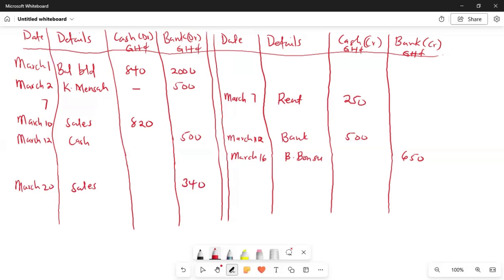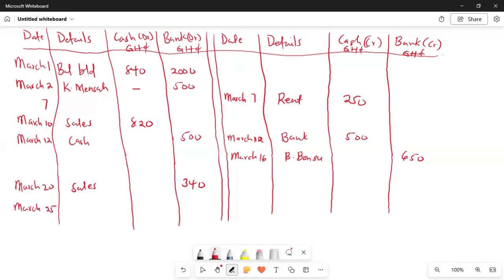340. Then you move to 25th March. It said withdrew cash from bank. So here there is a transaction between cash and bank. So bank will be giving and cash will be receiving. So write the date, March 25th.